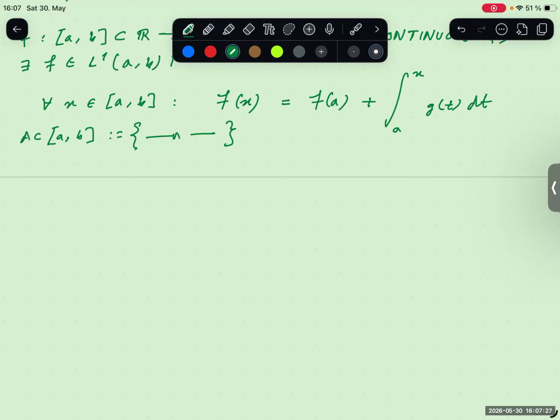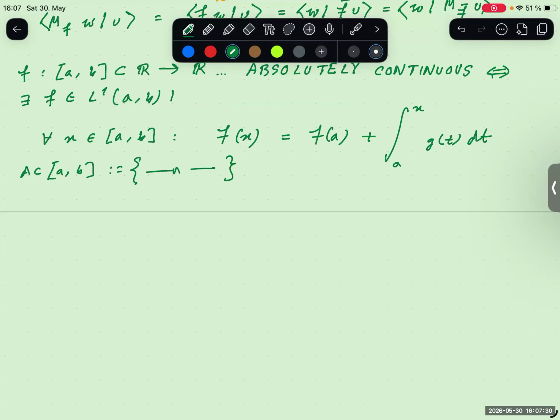And in this setting, this function g is called, as you know, the derivative.